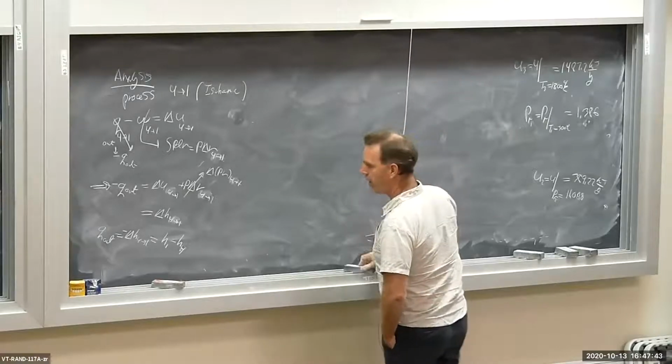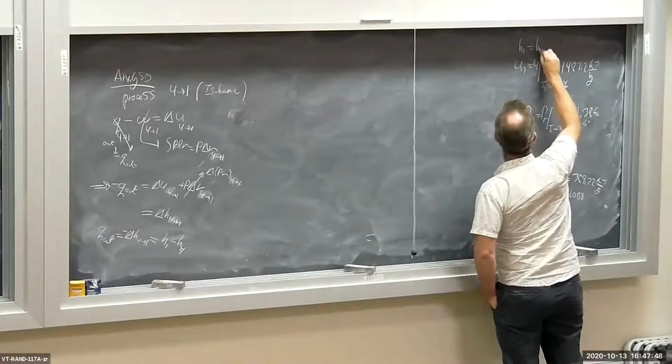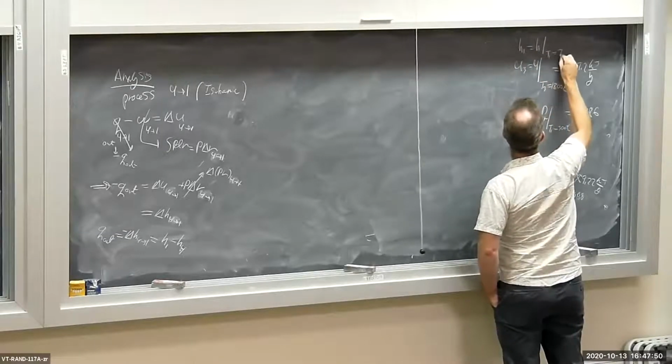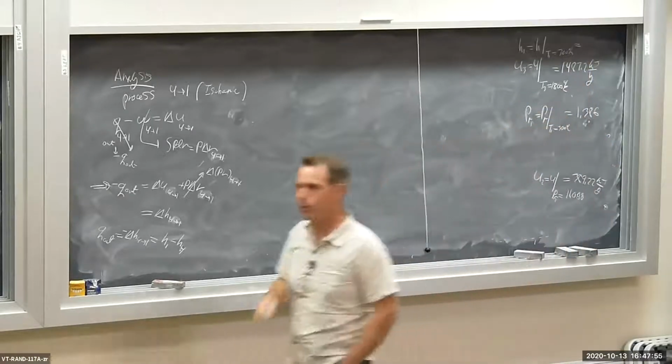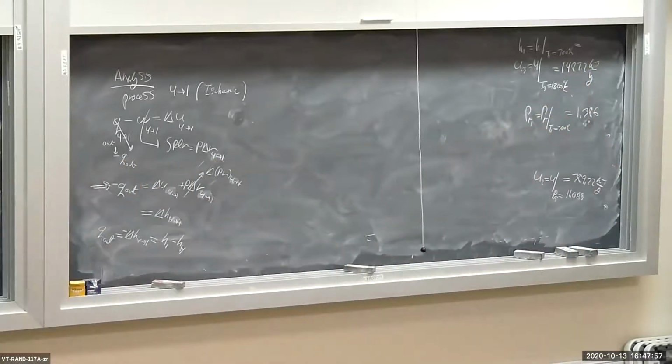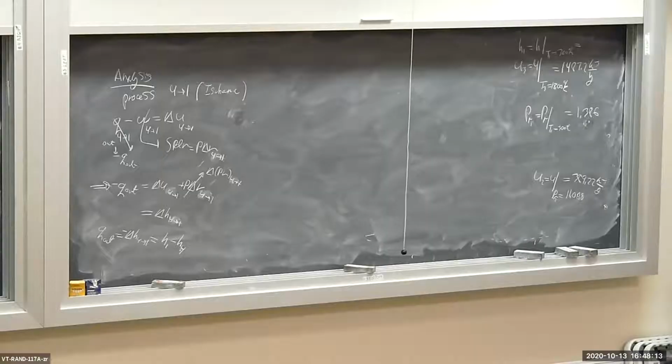Now, H1 I think I can get. H1 is equal to H evaluated at T1, which is 300 degrees Kelvin. It's going to be about 300 kilojoules per kilogram. Looking up in the IGB tables, H1 is 300.19 or so.